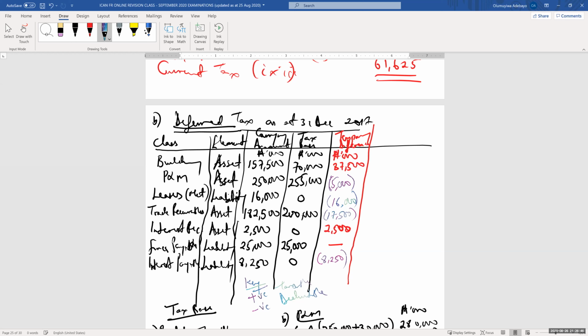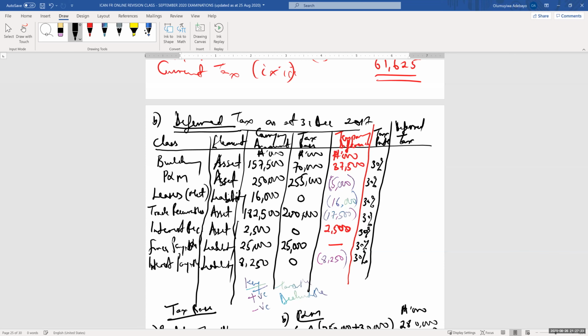Now, what is our tax rate? Our tax rate is 30% across all. Therefore, what is my deferred tax?